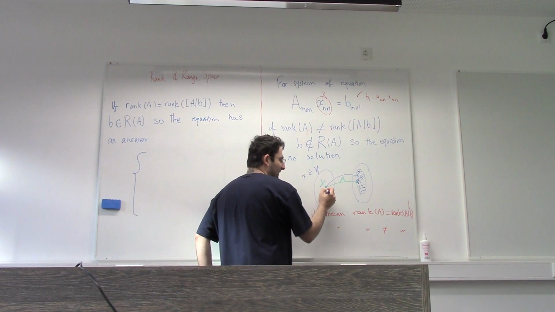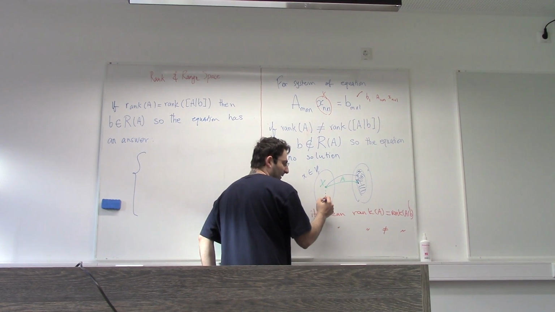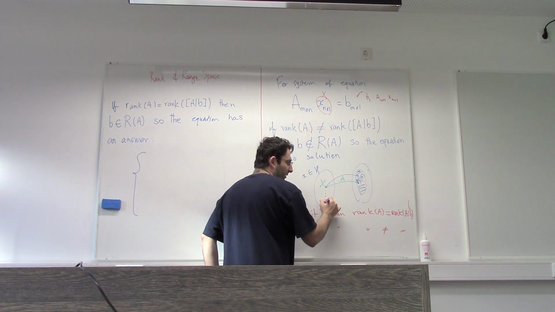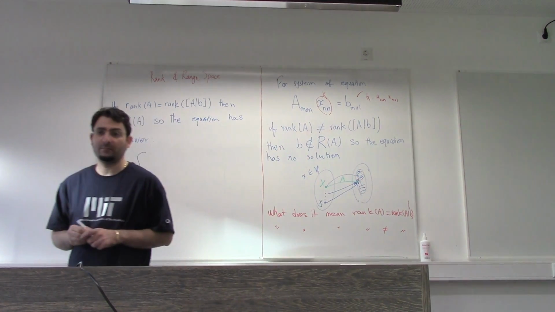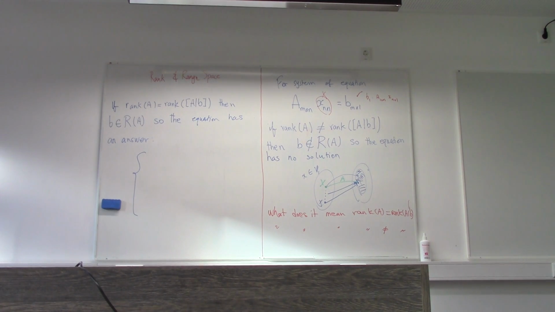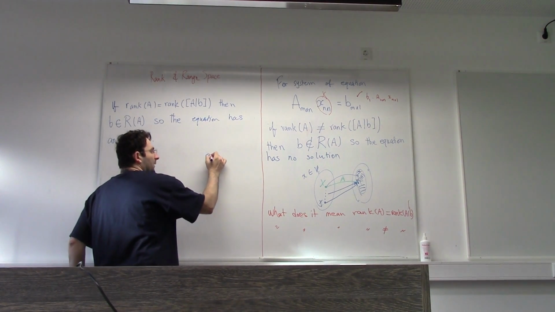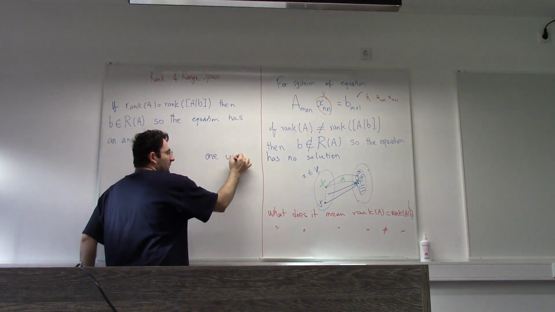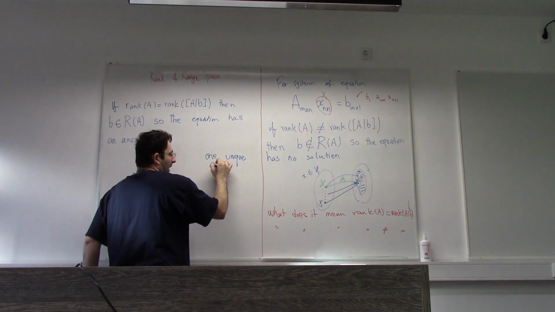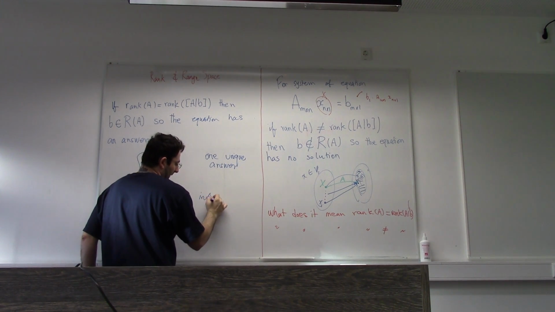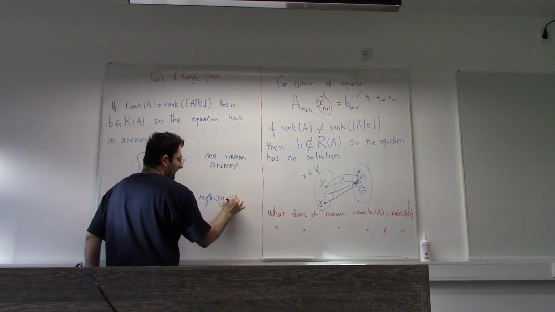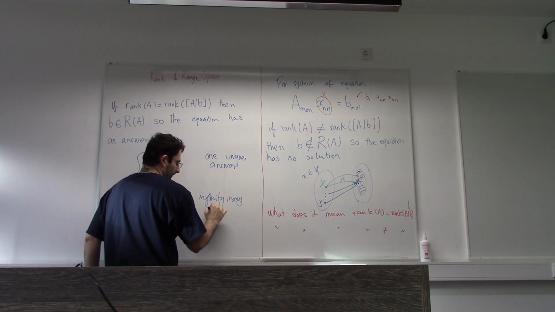It means that there exist lots of other x's which also go to B. So the question is, when do we have one unique answer? When do we have infinitely many answers?